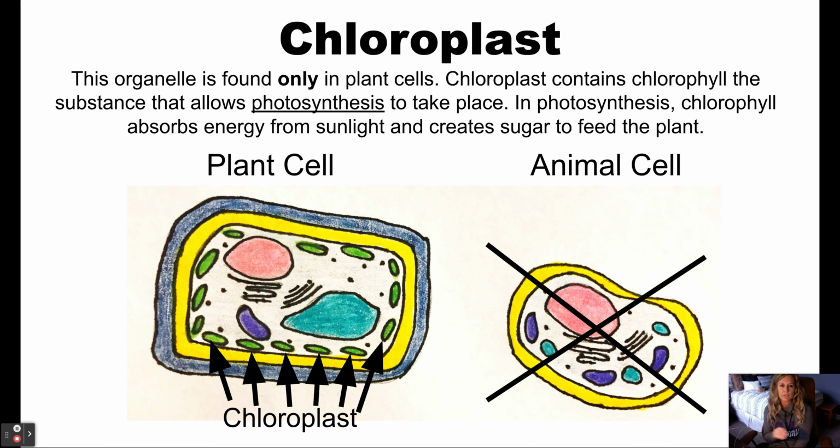The chloroplast contains chlorophyll. Chlorophyll absorbs energy from sunlight and creates sugar to feed the plant. So bonus for our plants, they get chloroplasts so they can store the chlorophyll to get energy from the sun. It'd be pretty cool if animal cells had chloroplasts, then we could just get our energy from laying in the sun. But as animals, we cannot.